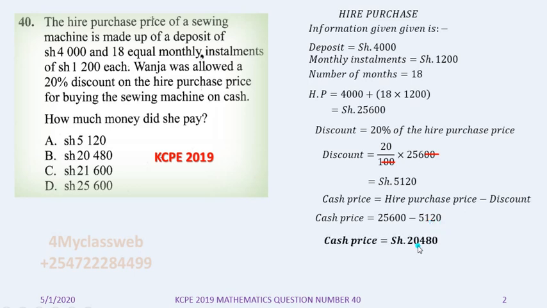And this now will leave you with 20,480. And therefore, the 20,480 is available as choice B, which could have been the answer for that question.